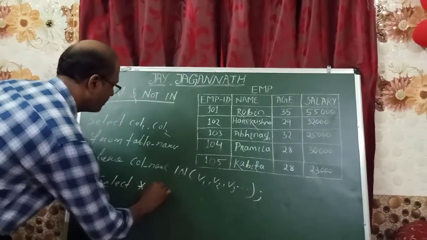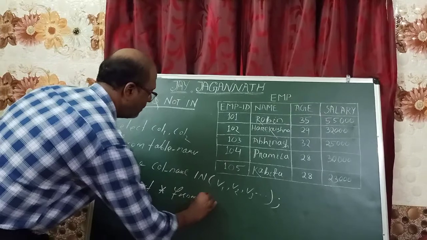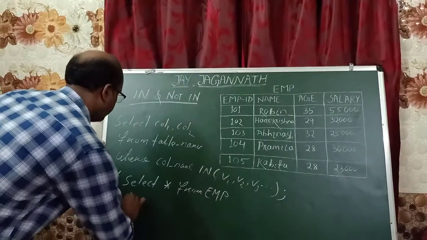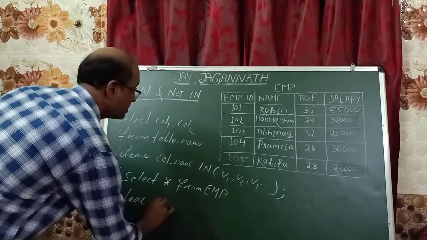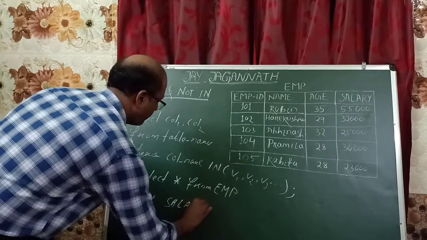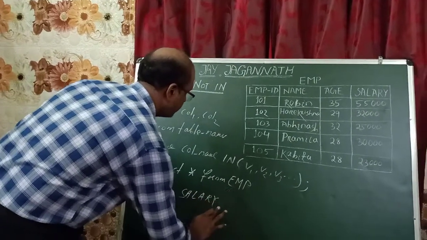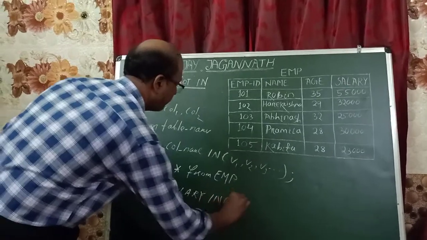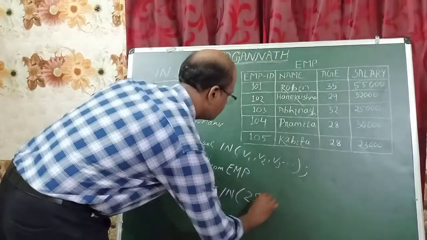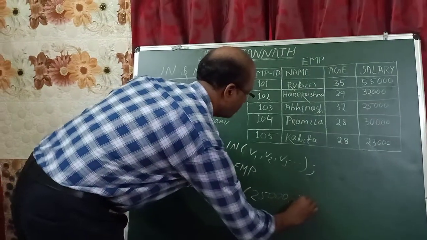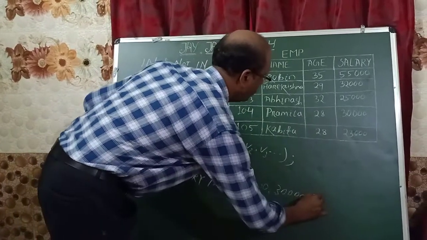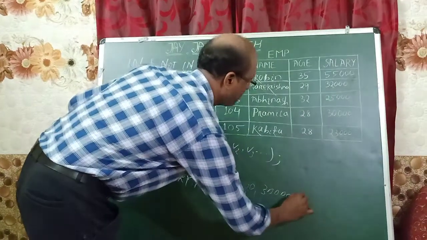Select star from EMP. Our table name is EMP. Where salary in 25,000, 30,000 and 55,000.